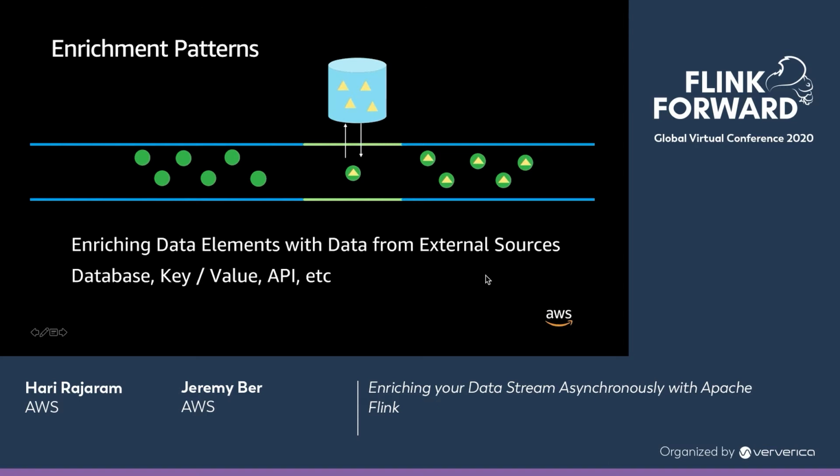And so to do this, a common pattern is enriching data elements using API calls, or queries to a database or a key value store. And that's really what this talk is about, how to do this efficiently.